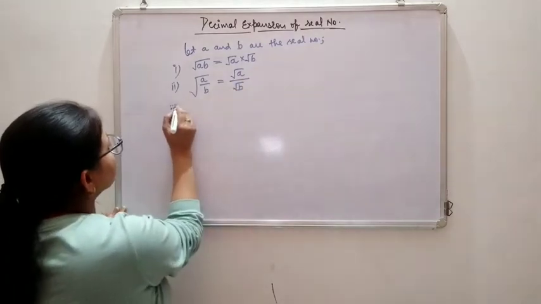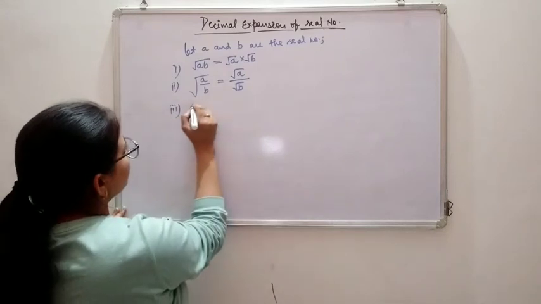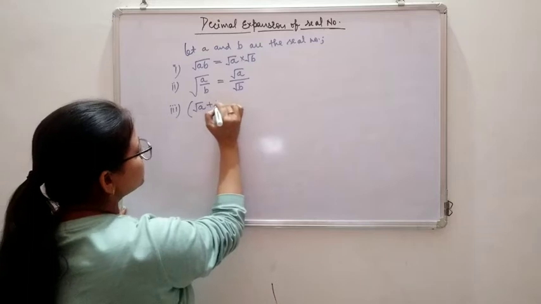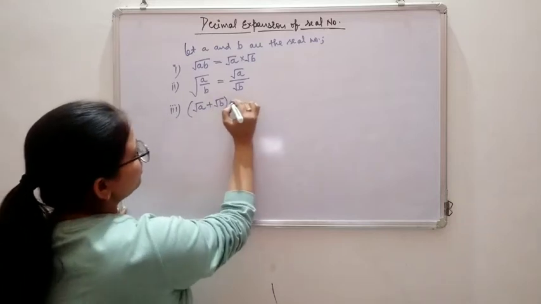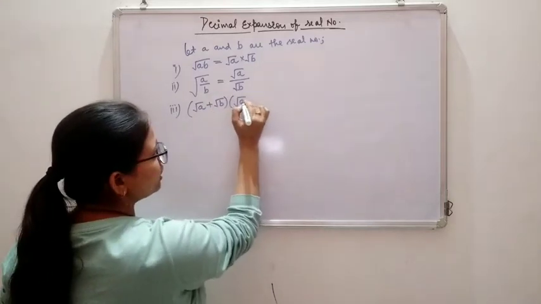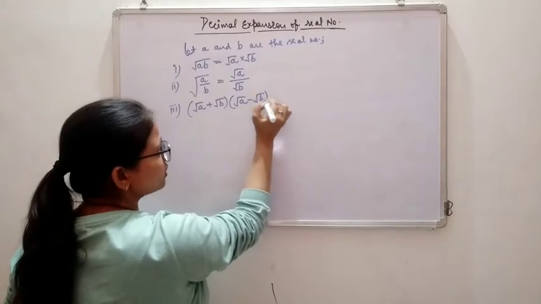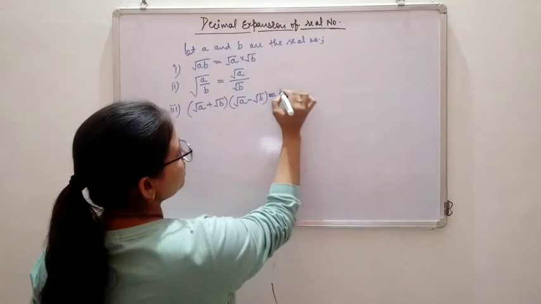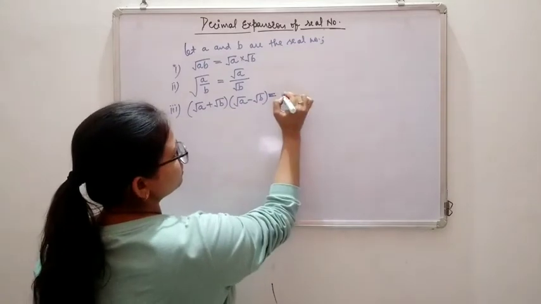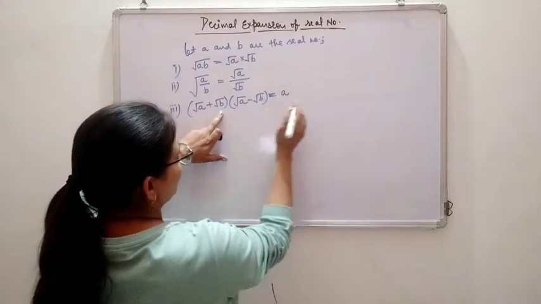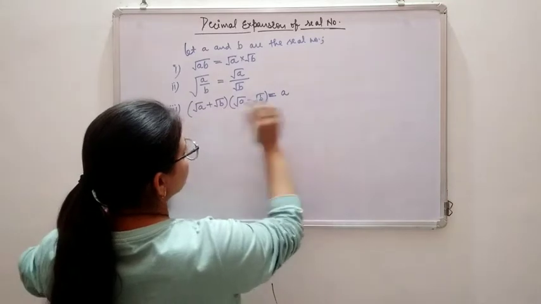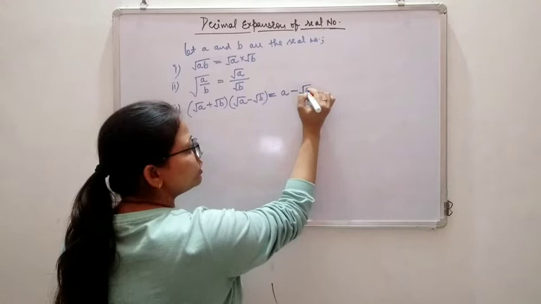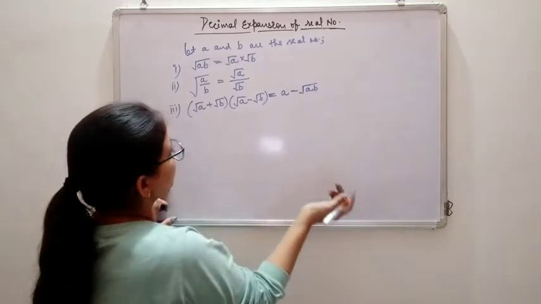The third identity is root A plus root B multiplied by root A minus root B. Now let's see what the result of this is. So it will be A, the multiplication of root A and root B will be like minus root AB, right?